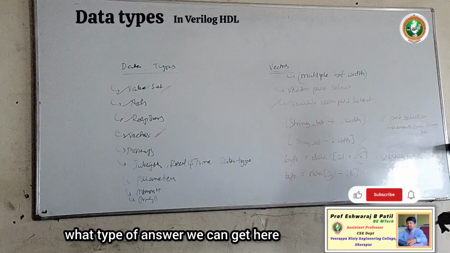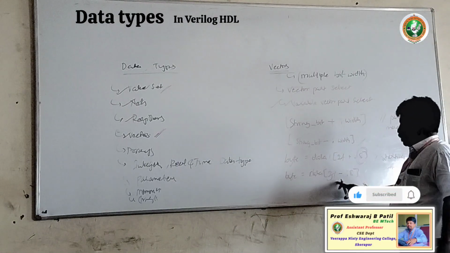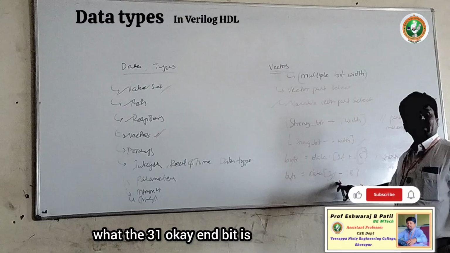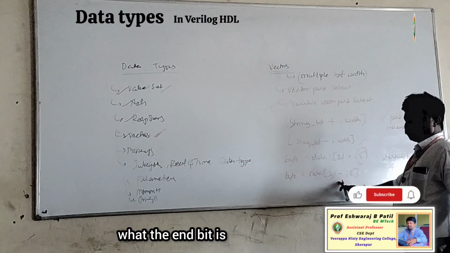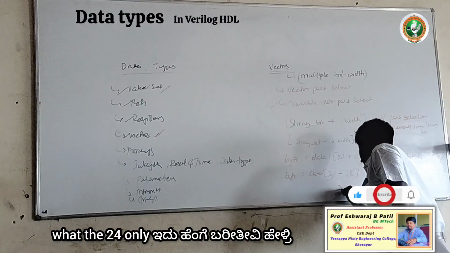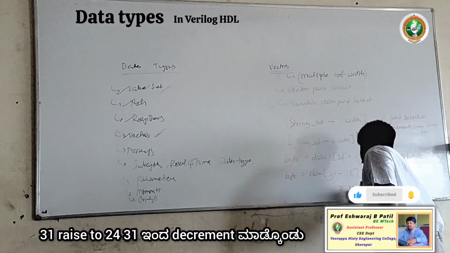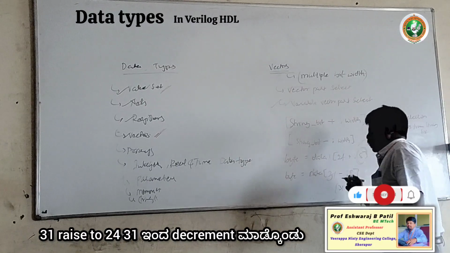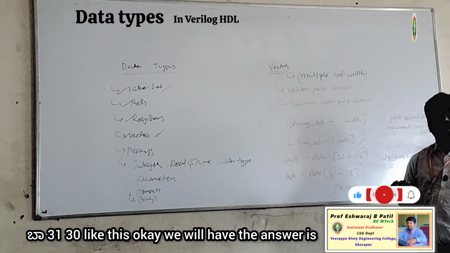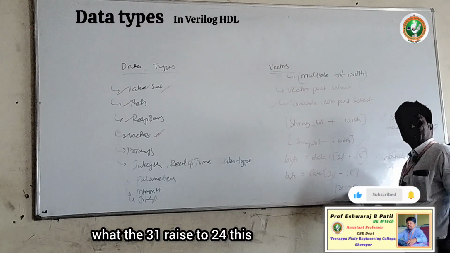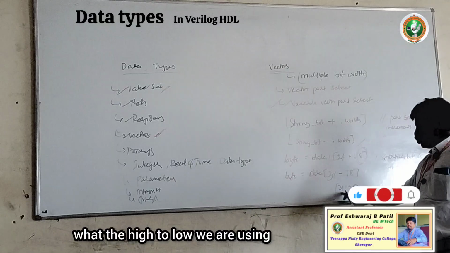What type of answer can we get here? The starting bit is 31, and the end bit is 24 only. 31 raised to 24. In the decrement, it goes 31, 30 like this. The answer is 31 raised to 24. This is high to low.